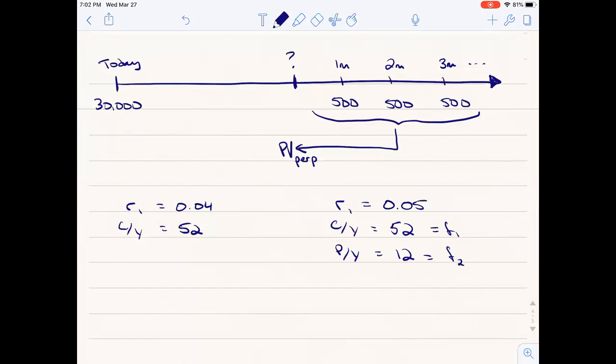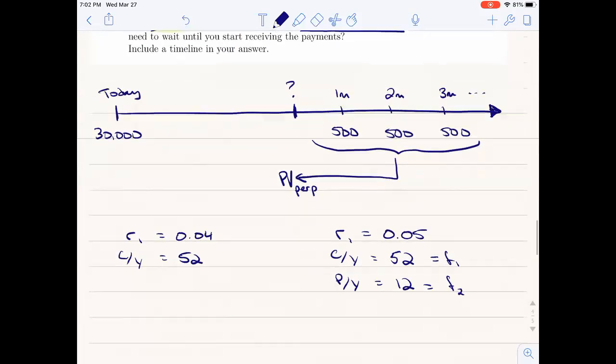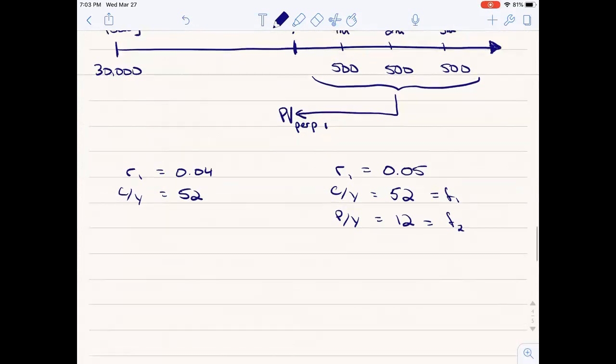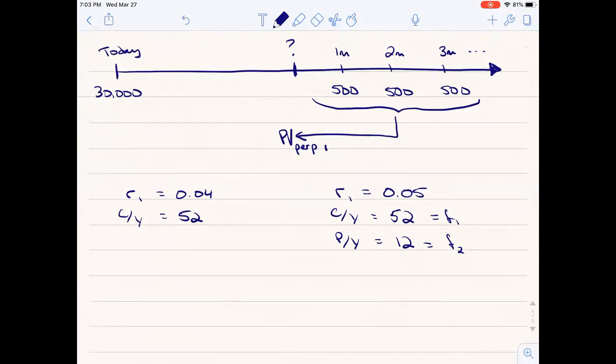From the 30,000 just sitting there growing, there are no regular payments, so there's no payment frequency. It's just 4% compounded weekly. So we have to deal with the perpetuity first. Find this one first, and then this is going to be equal to the future value of that one.